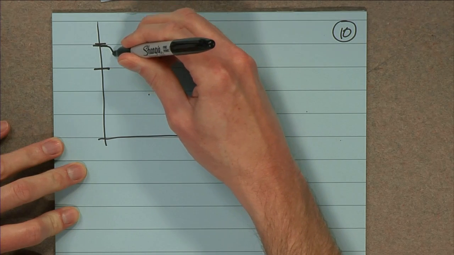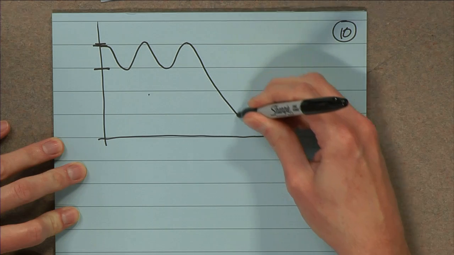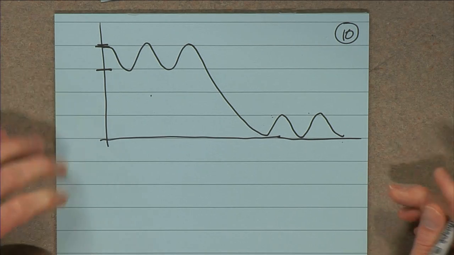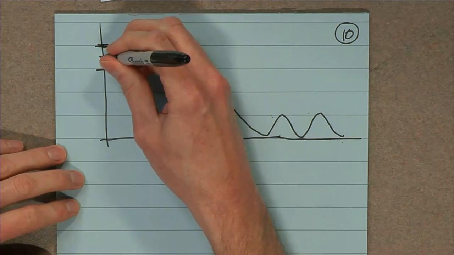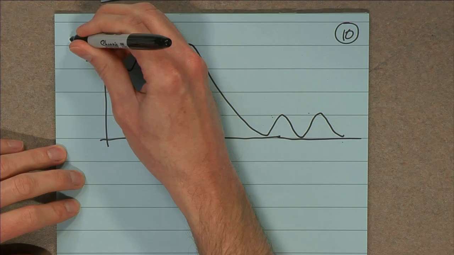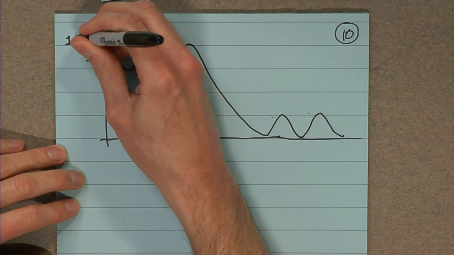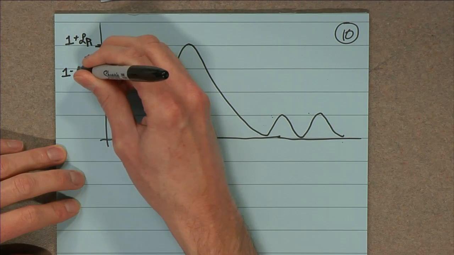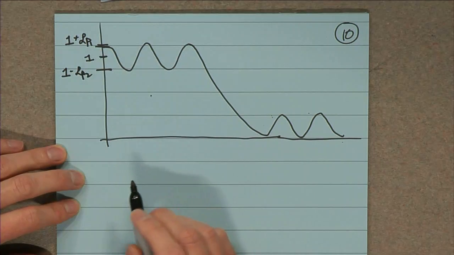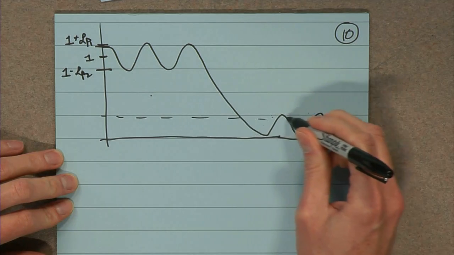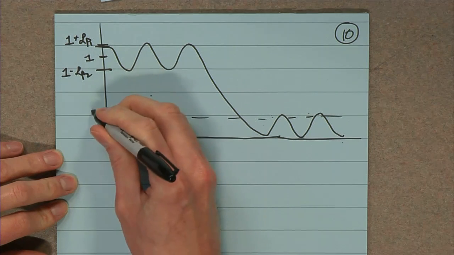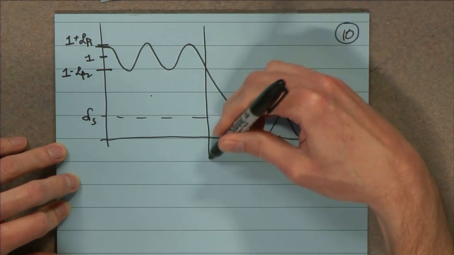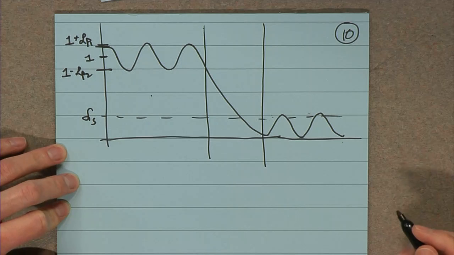Let's say we have a response that looks like that, where maybe the midpoint is 1, and we'll call this 1 plus del p sub 1, 1 minus del p sub 2, and then dot dot dot. What do we have here? We have ripples over here. We'll just call that del s. We have some activity over here where it looks like some stuff is happening.